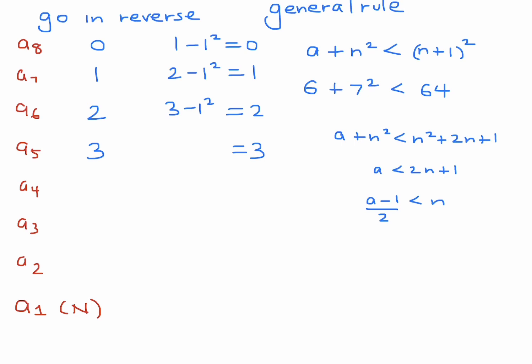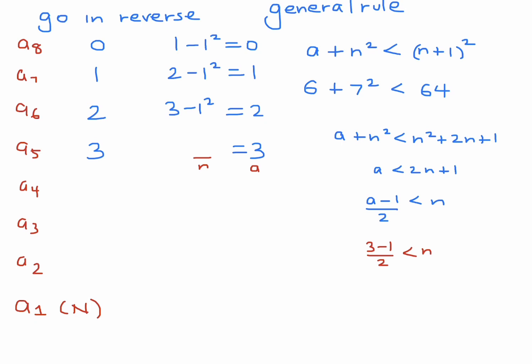Now, this number represents my a. And this square that I'm going to put in here, like I had done up here, that's going to represent my n. So this formula allows me to figure out what I can make my n. If a is 3, it would be 3 minus 1 over 2 has got to be less than n.